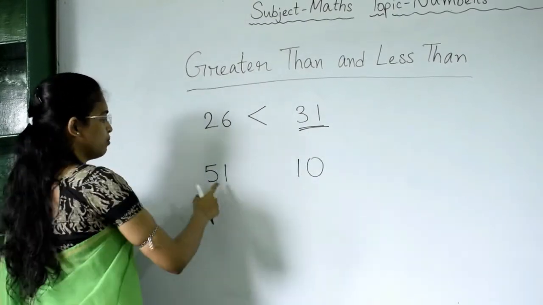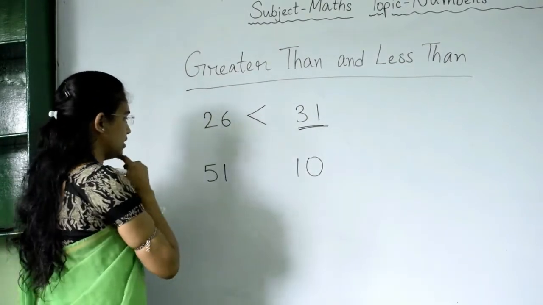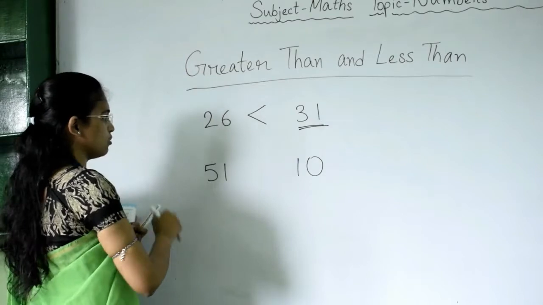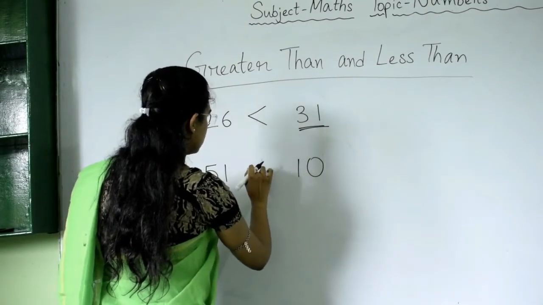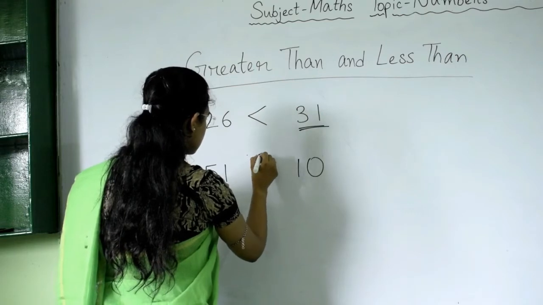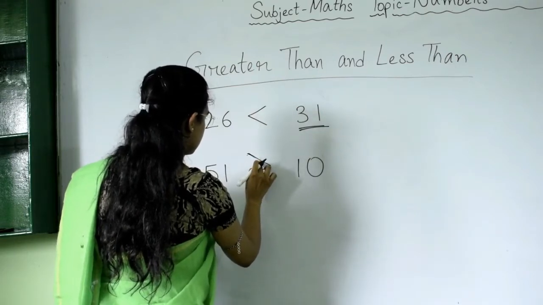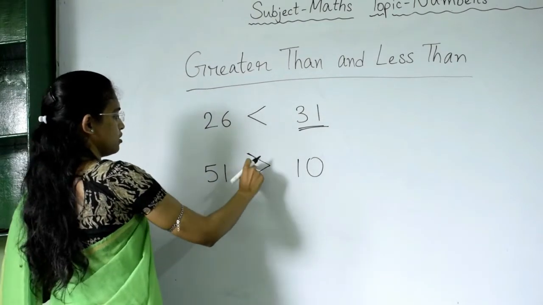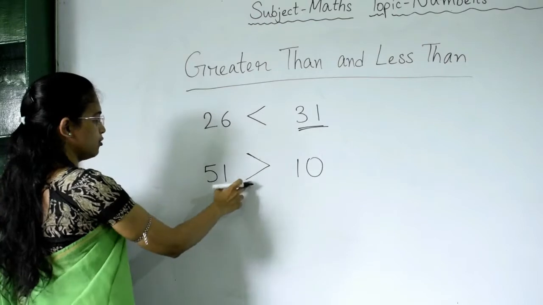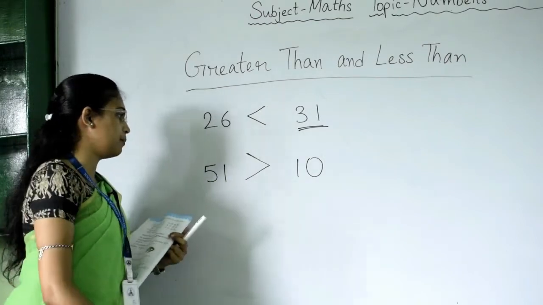Which number does the crocodile want to eat? Yes, the biggest one. So the crocodile is going towards this number with his mouth open, going towards 51 to eat this biggest number.